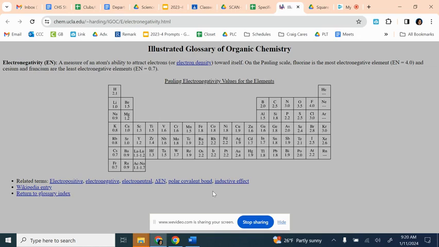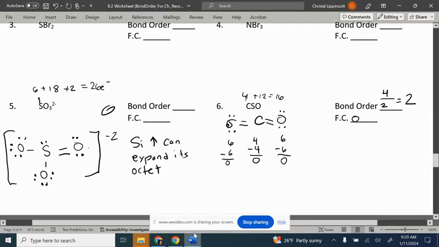But that's how sulfur can have 10 electrons and still be fine. Because otherwise, in this problem, we have more electrons than we have spots for them to go. So that's called an expanded octet.